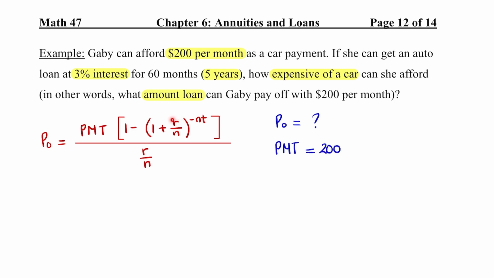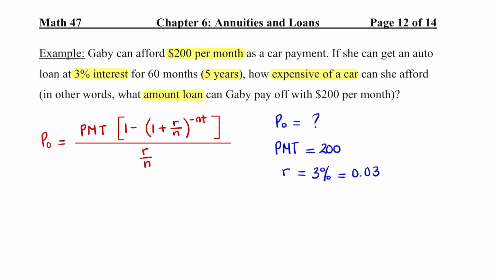R is the annual interest rate. In this case, that's 3%. And always convert that into a decimal, which is 0.03. N is the number of compounding periods per year. Since Gabby is making her monthly payment, the interest is assumed to be compounding monthly.